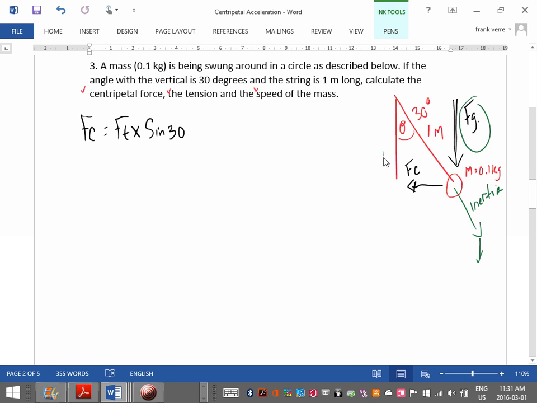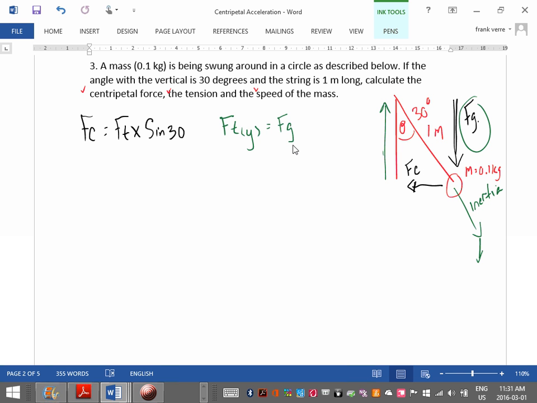Right, so there is an upwards component. This upwards component of the string has to equal what? The vertical component of the tension has to be equivalent to the weight of the ball. Does that make sense? And we know what that is.